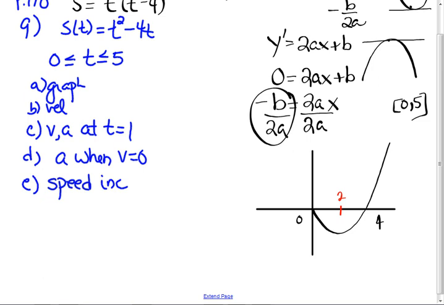B says find the velocity. Well, you could graphically find the velocity, or we could do it with a little bit of calculus. How do you find the velocity from position? It's the derivative of the position with respect to time. What's the derivative? 2t minus 4. So when t is 0, I'm down at negative 4.